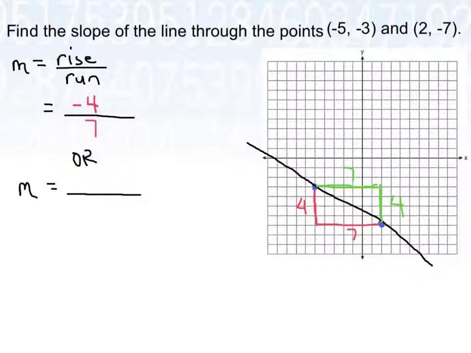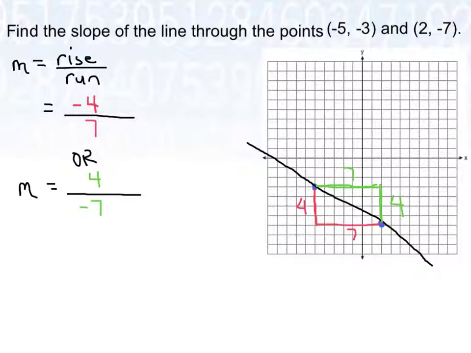Starting at (2, -7), I went up 4, so that indicates my 4 in the numerator is positive. And when I look at where I've traveled, I moved left 7, so left 7 indicates that I have a -7 in the denominator.